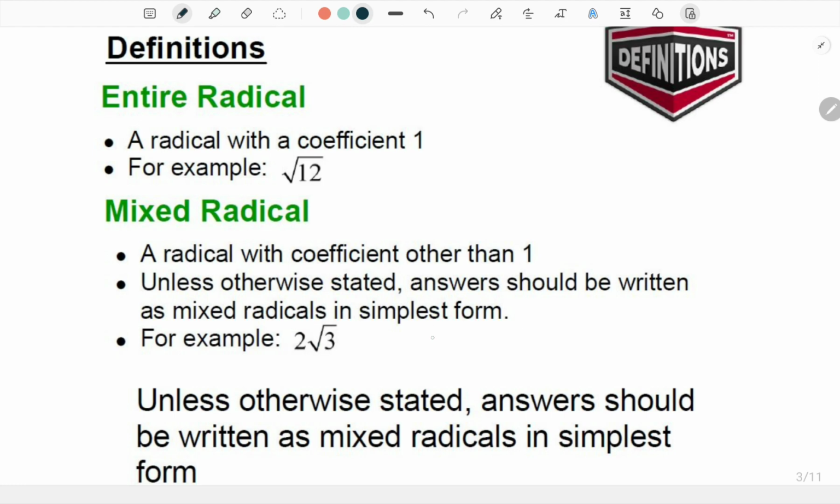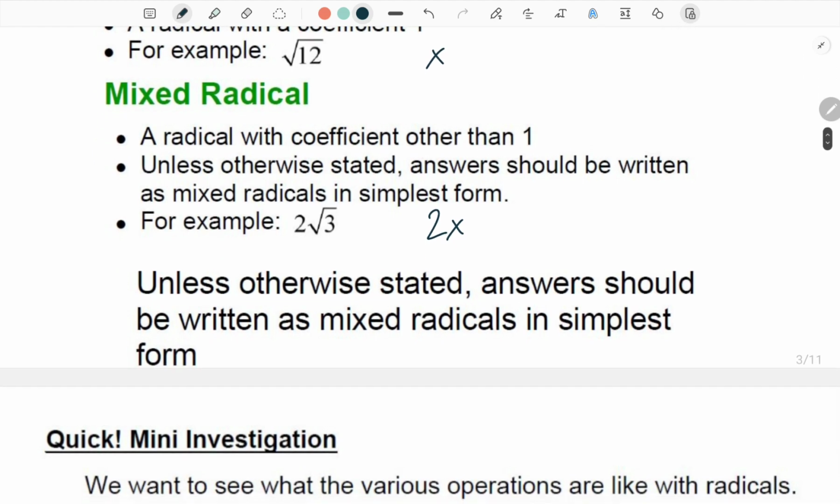And you can also compare it to variables. 2x has a coefficient of 2, whereas an entire radical has no coefficient, like just a regular x. So our goal, whenever we're dealing with square roots now, is we always want to answer the problem so that they're left as mixed radicals. And we'll see how to do that in the below examples later in the lesson.